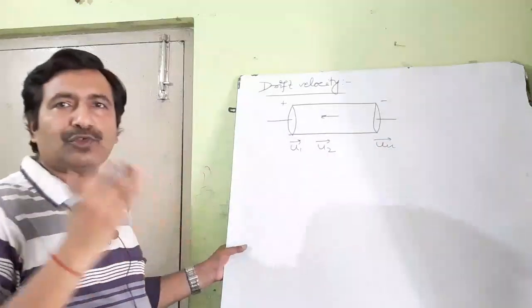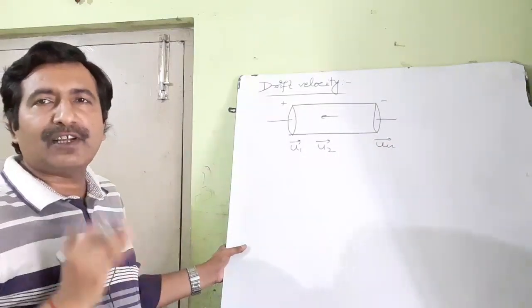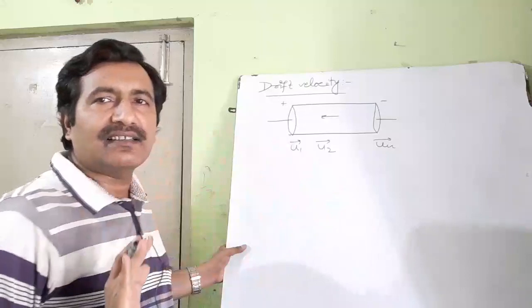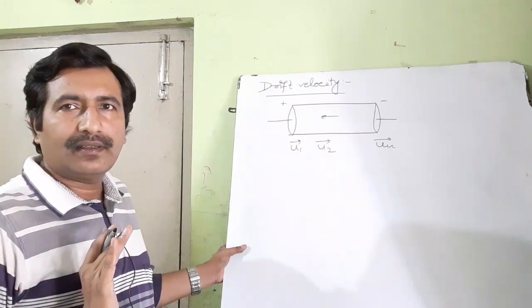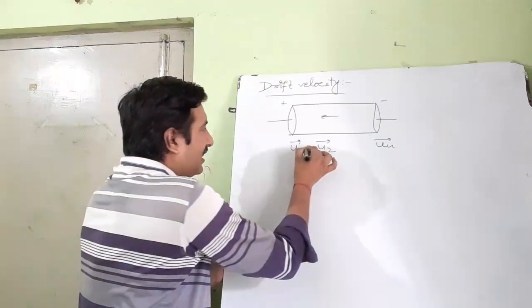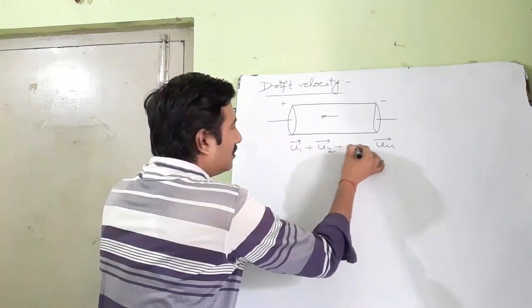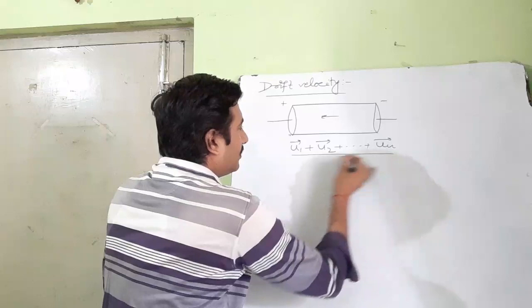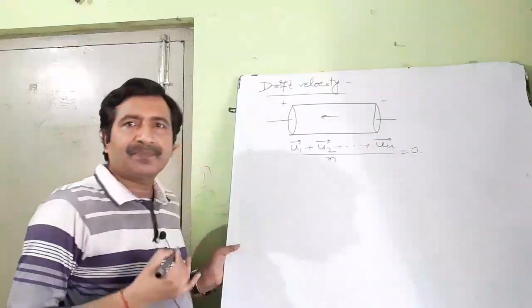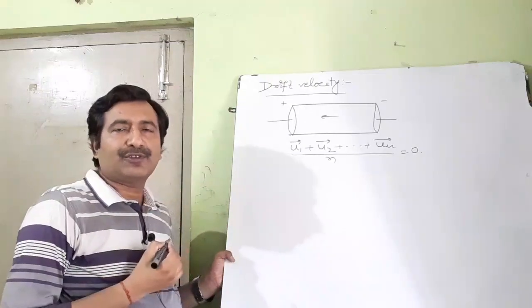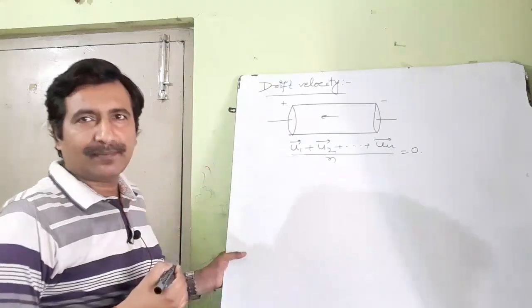That is, u1, u2, un are the thermal velocities with which free electrons are in random motion. So their average value is 0. You already learned this concept in the previous lecture.